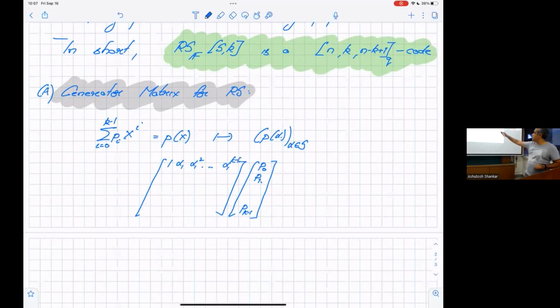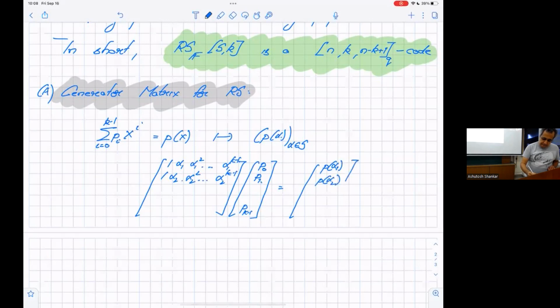When we do that multiplication, what we actually get is p of alpha_1. P is the coefficient vector. Similarly, with 1, alpha_2, up to alpha_2 to the k minus 1, you get p of alpha_2. And this is 1, alpha_n, and so on.